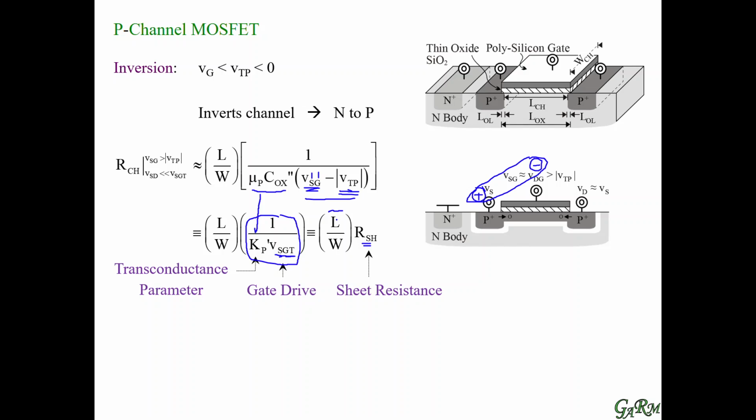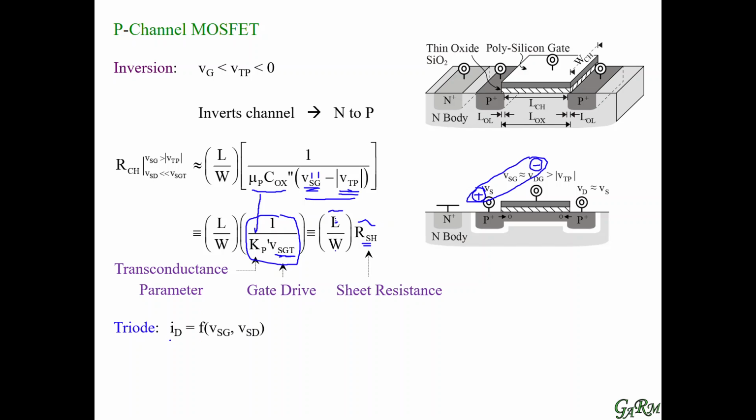So when we look at the length over the width, how many widths do we have across that length? If we have the equivalent of 10 widths across that length, that means that we have 10 squares. 10 squares times this sheet resistance, which is the resistance of one square, gives us the total resistance. So this is useful.